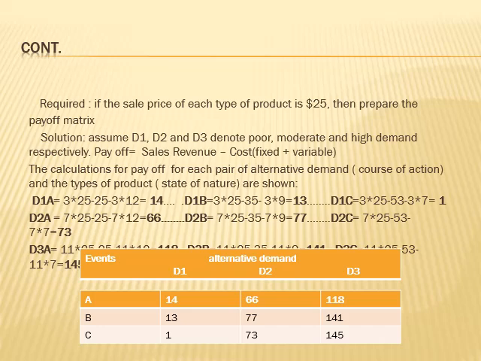The poor demand for product B is 3 times 25. 3 is poor demand of B, 25 is the price, negative 35 is the fixed cost of product B, and negative 3 is the quantity of poor demand, times 9. 9 is the variable cost of product B, 13.